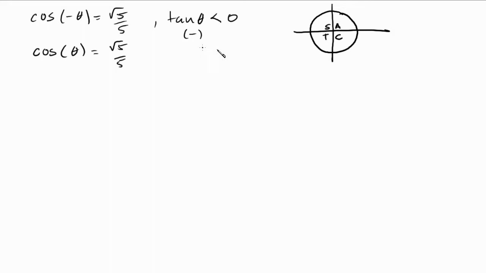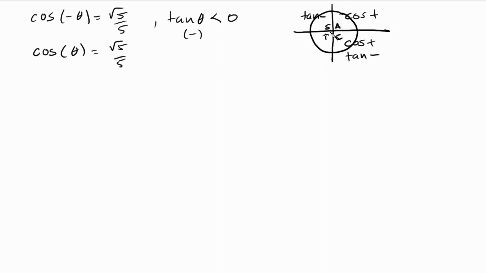So in this case, we want to figure out what quadrant we're in where tangent is negative, yet the cosine, after we applied the negative angle identity, is positive. Cosine is positive in quadrant 1 and in quadrant 4. And tangent is negative in quadrants 2 and 4.